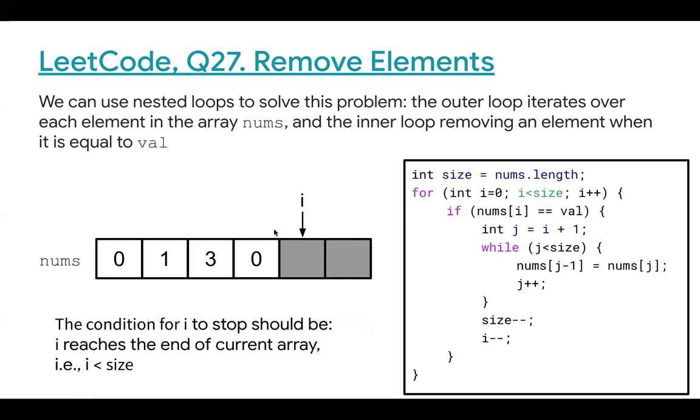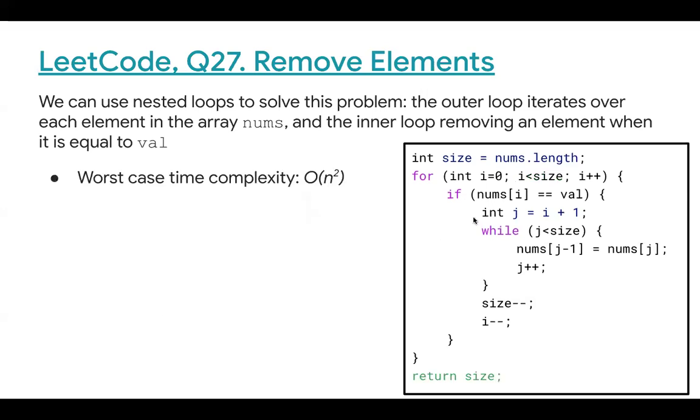So as long as pointer i iterates over all the elements, we could stop. So i smaller than size. Okay, so this is the correct code for this question number 27.